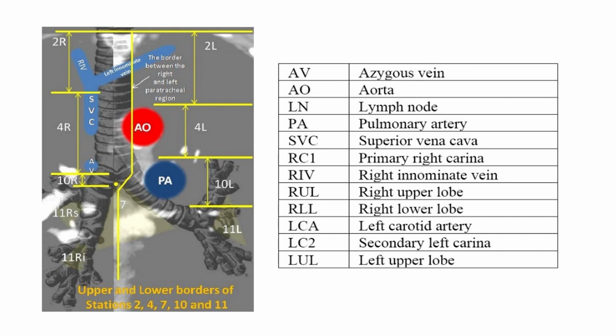Okay, so now coming to the anatomy of mediastinal lymph nodes. For the beginners, most probably what you will be encountering is the station 7, the 4R and the 4L. So a lot of emphasis is on understanding the borders for 4R and 4L.